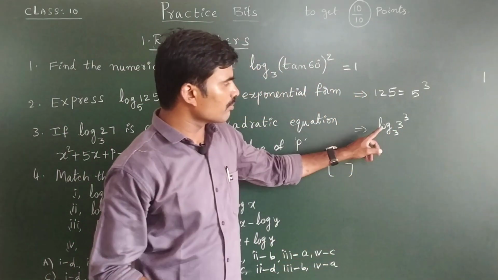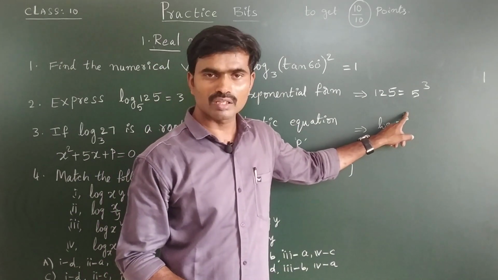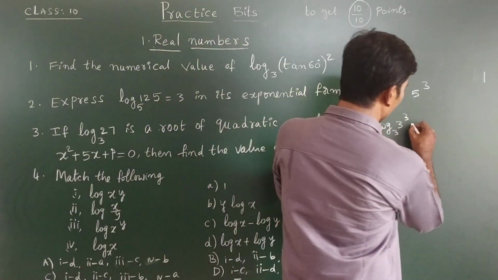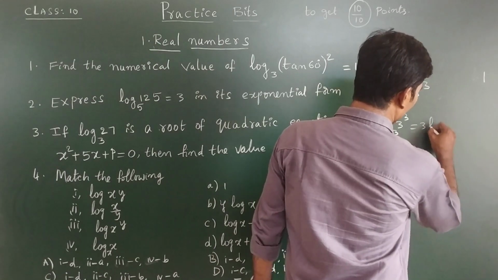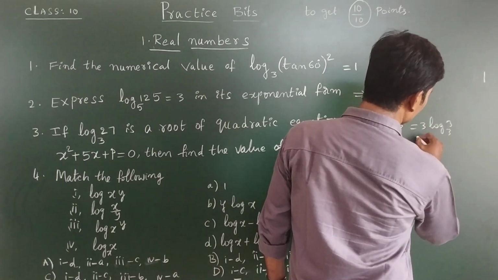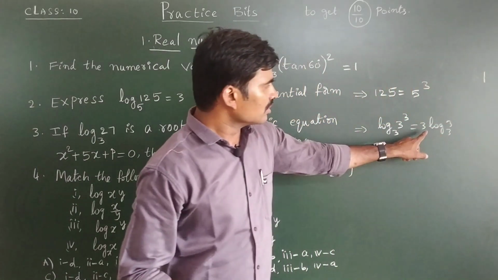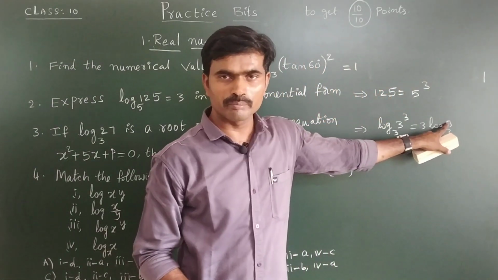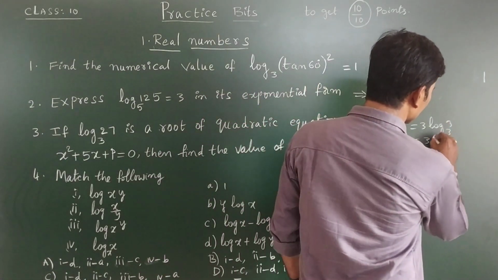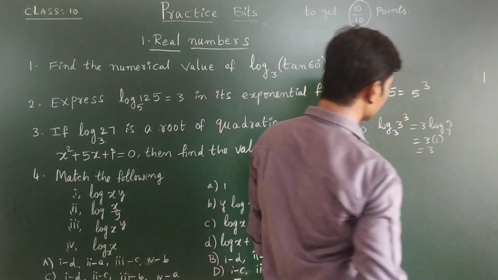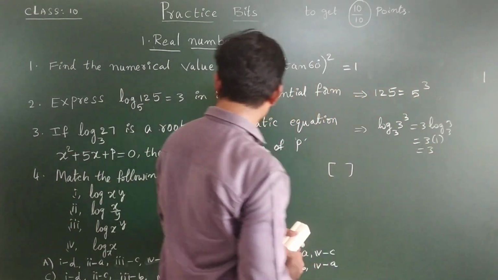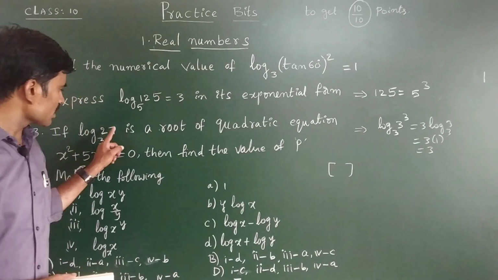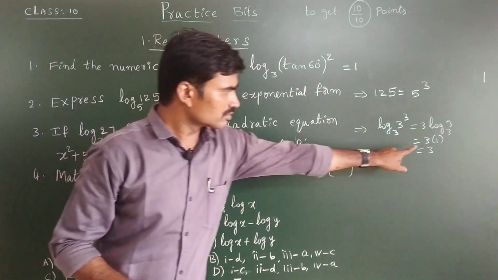Now it is in the form of log a power m, which is equals to m log a. So 3 log 3 base 3. Now it will be 3 into log a base a. Log a base a is equals to 1. So substitute 1. So finally log 27 base 3 value is 3.